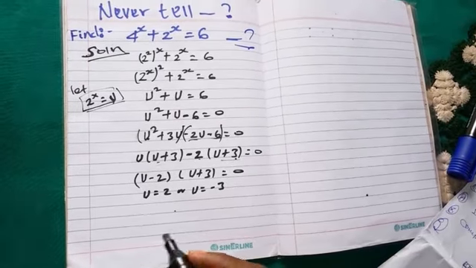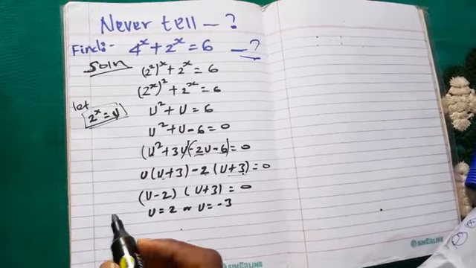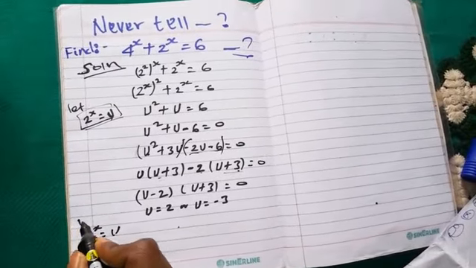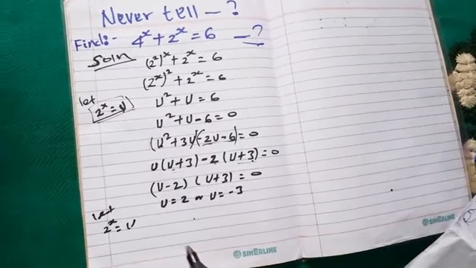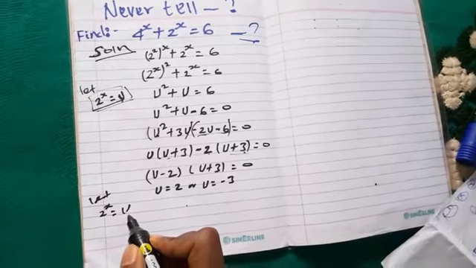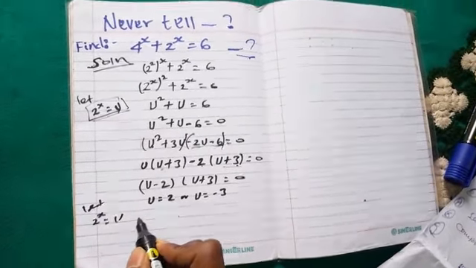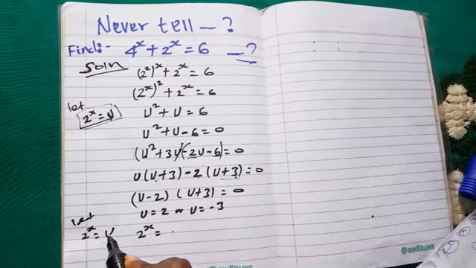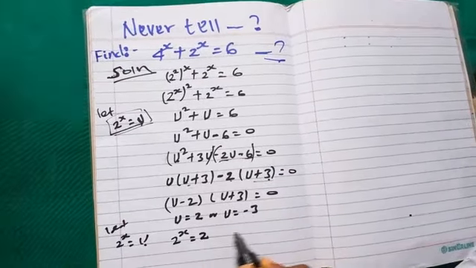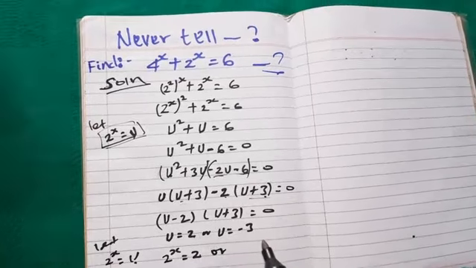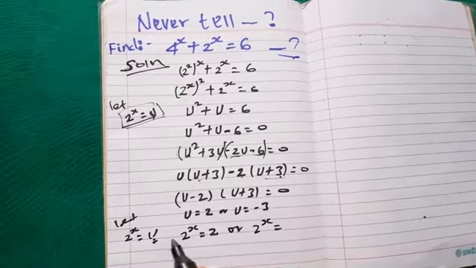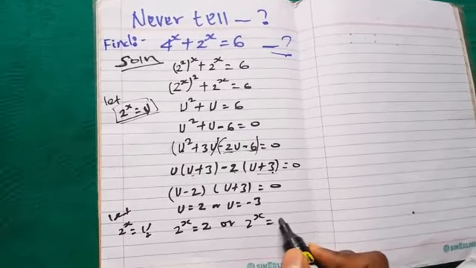Before, we said 2 to the power of x is equal to u. We got the values of u, so 2 to the power of x is equal to 2, in the place of u. Or 2 to the power of x is equal to minus 3.